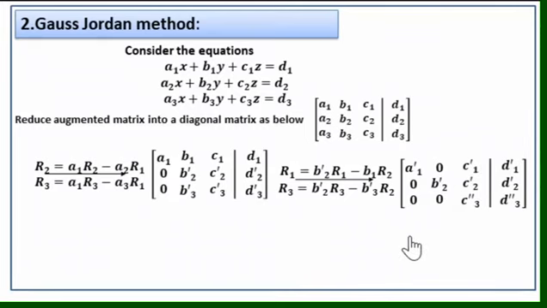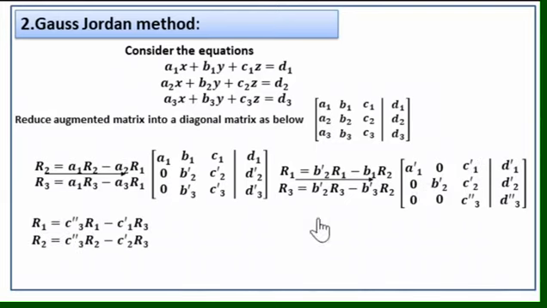For the first row, we apply the row operation R1 equal to C3 double dash R1 minus C1 dash R3, and for the second row, we apply the row operation C3 double dash R2 minus C2 dash R3. Using R3, we make the changes in R1 and R2. So no changes in the third row.